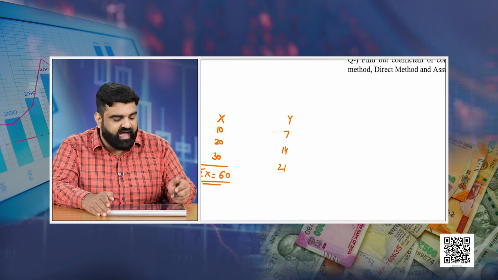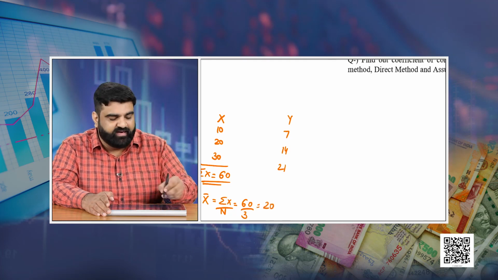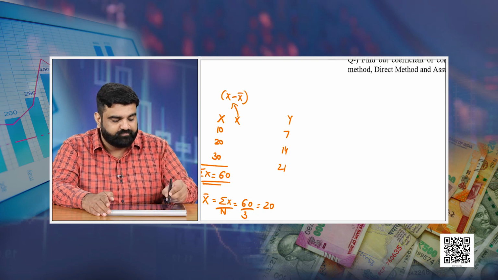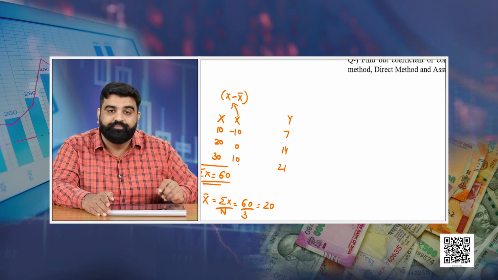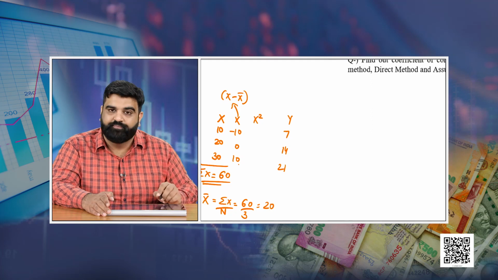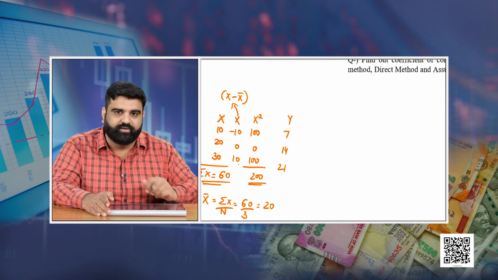To calculate the mean we have the formula sigma x by n, which will be 60 by 3, so my mean is 20. Now, let us find the value of small x, which is capital X minus mean. This will be minus 10, 0 and 10. Now, let us square these values. So, we get x square, which will be 100, 0 and 100 again. Let us total them, we will get 200.